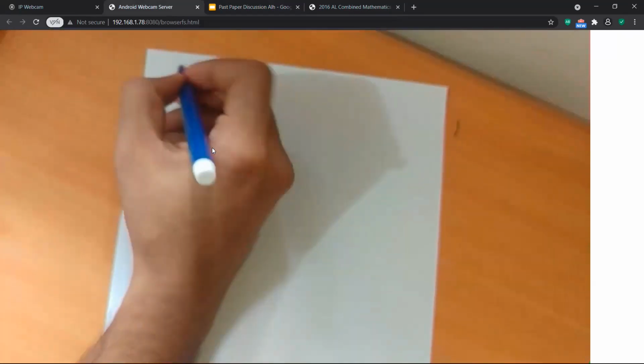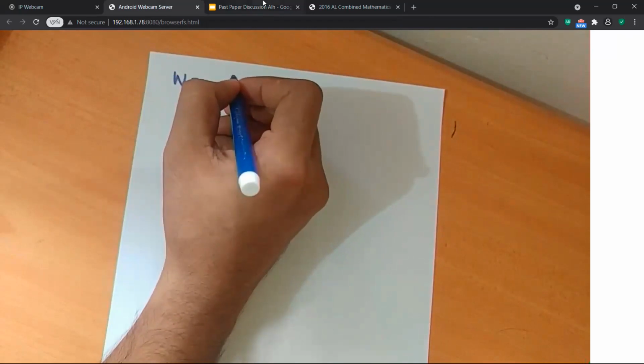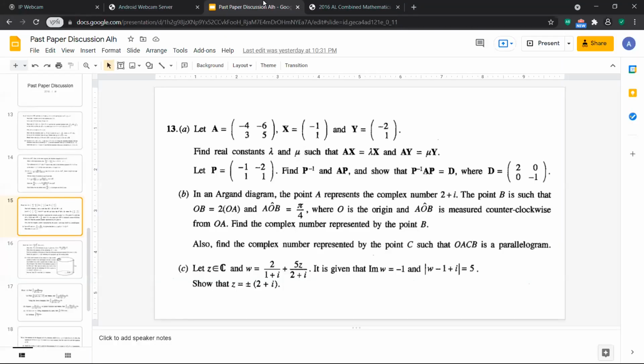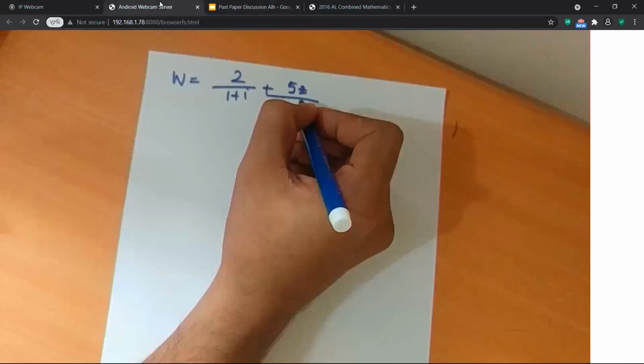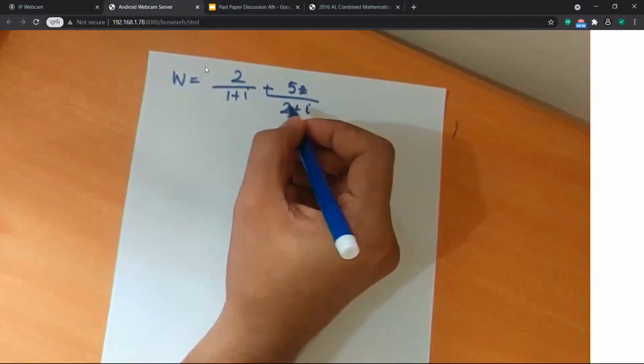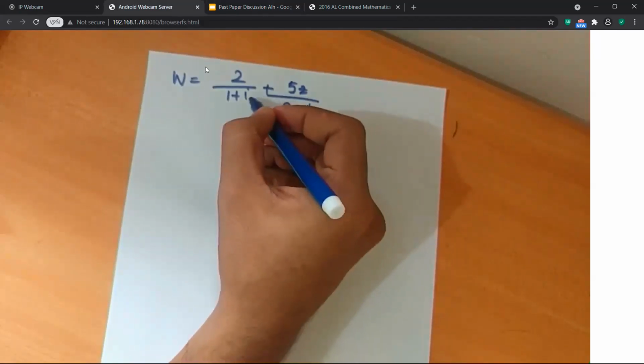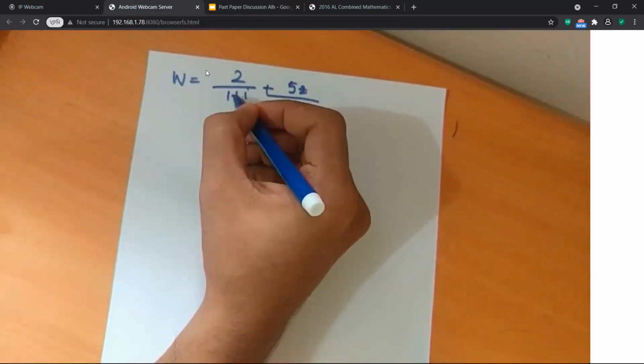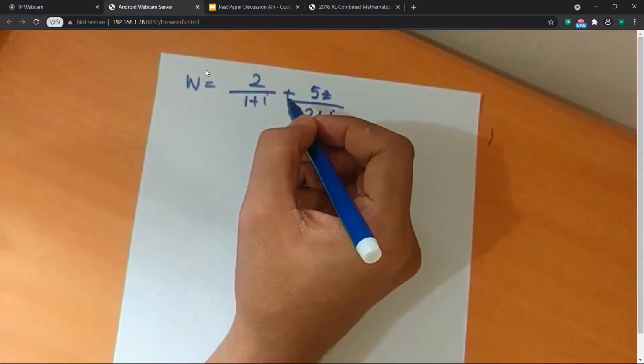So W is given as 2 over 1 plus i plus 5Z divided by 2 plus i. First of all, we remove this term. How do we do this? We multiply by the conjugate of the denominator.